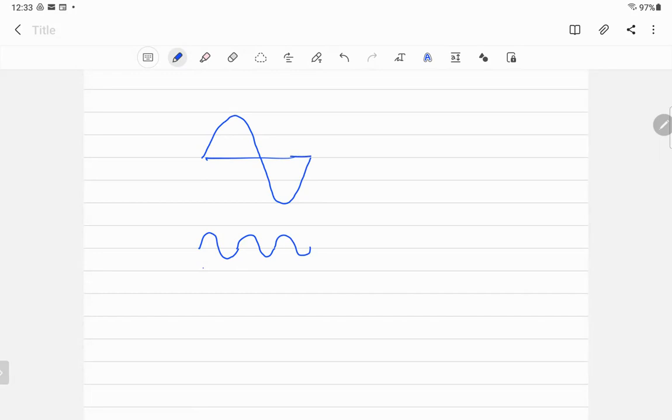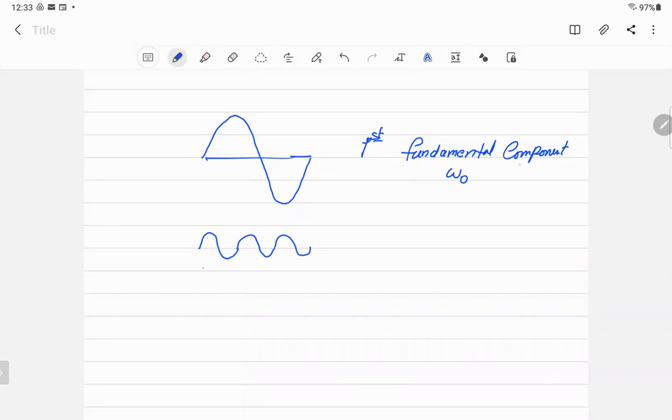And by the way, in music they call it harmonics. So this is the fundamental component or the first component.